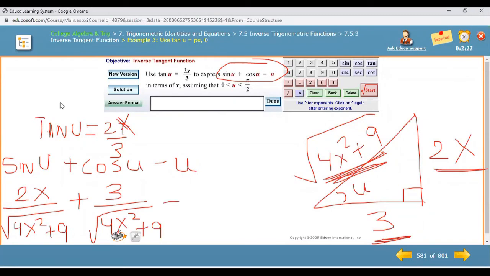How do we calculate u? Now to calculate u, this is actually what? Tangent u.